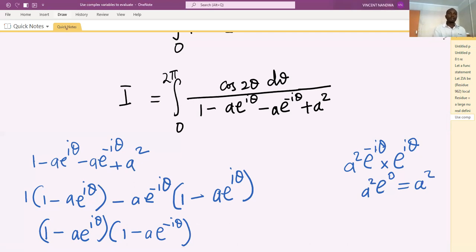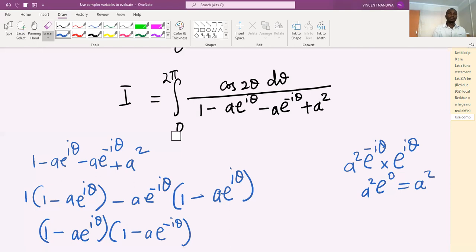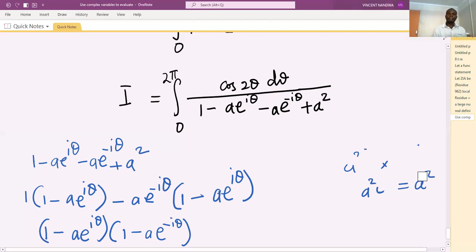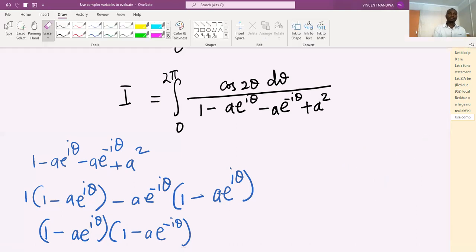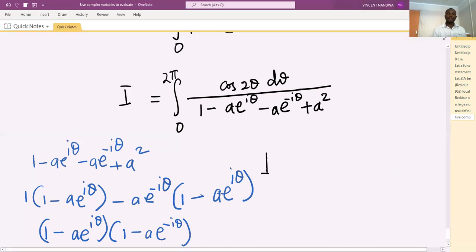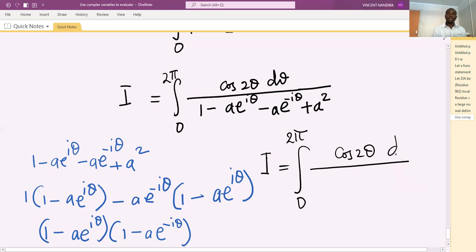So let's write it. We'll have our integral I to be the integral from 0 to 2 pi of cosine of 2 theta d theta over 1 minus a e raised power i theta, and then 1 minus a e raised power minus i theta.